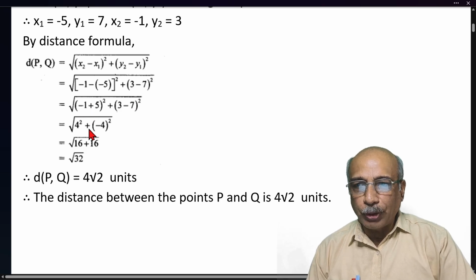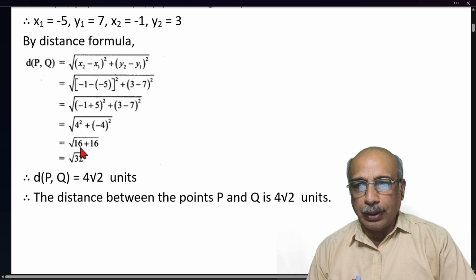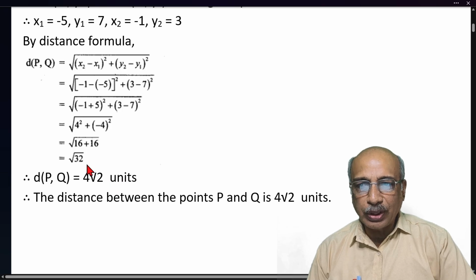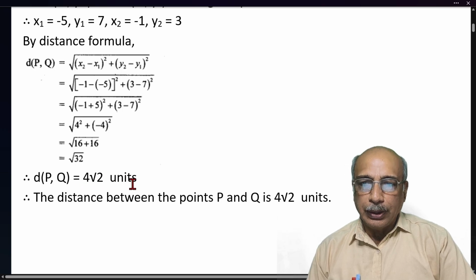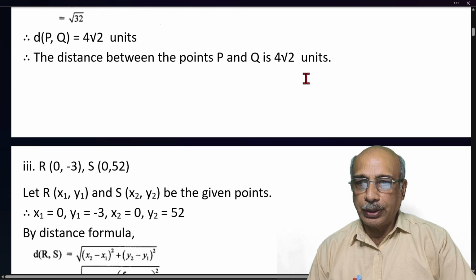Here it will be 4 square plus minus 4 square, 16 plus 16. That is root of 16 plus 16, root 32. Therefore, distance PQ equals 4 root 2. 16 twos are 32. Square root of 16, 4, will come out. So 4 root 2 units. The distance between the points P and Q is 4 root 2 units.